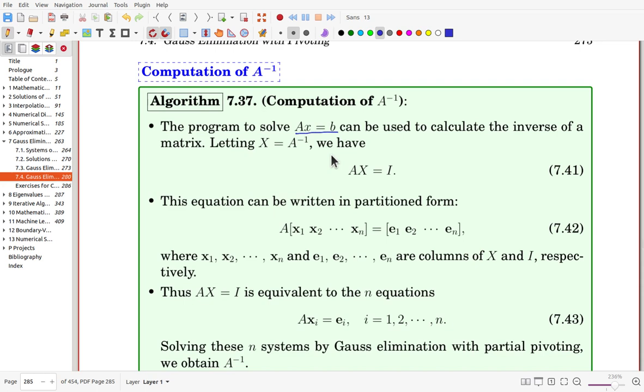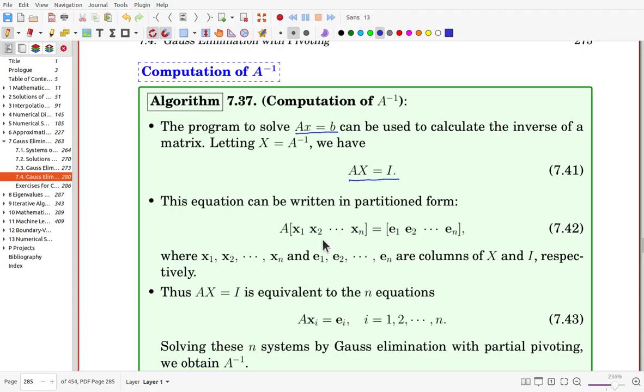So when you have to get the inverse of a matrix, we can use the technique for solving the algebraic system. Once X is A inverse, then we can write it in this way: AX equals identity.